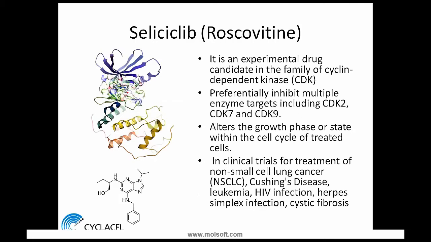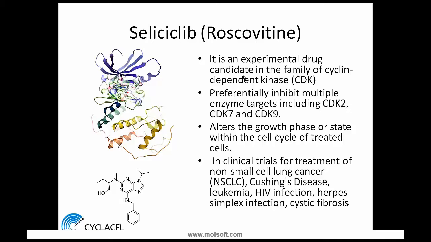So we're going to focus on one structure today, and this structure is roscovitine. It's quite an interesting kinase inhibitor, because it's currently in clinical trials for quite a few different diseases, shown here, and most recently cystic fibrosis.